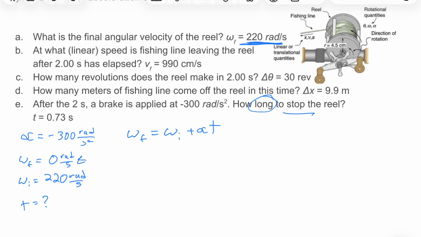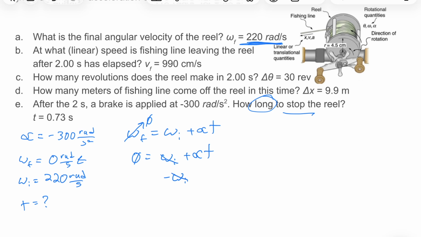And if we quickly take a look, we know that our final angular velocity is 0, so that term goes away, leaving us with 0 equals our initial angular velocity plus our angular acceleration times time. So let's solve for time. What we first want to do is get rid of anything that's adding or subtracting the term with time in it, right?